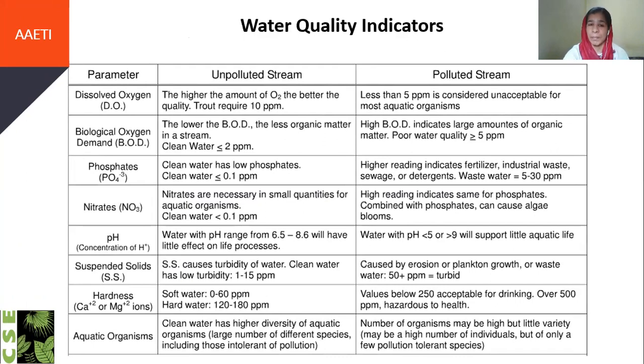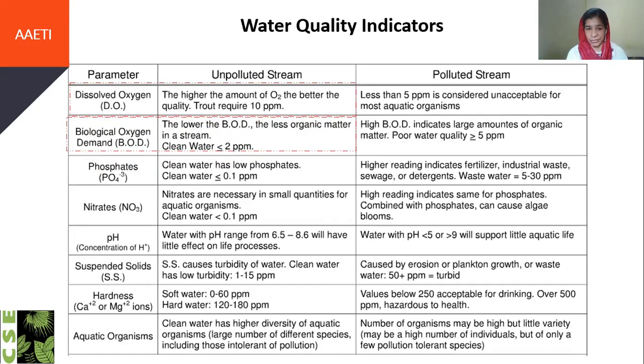The higher amount of oxygen present in the water body is an indicator of better quality of the water body, right? And the lower the biological oxygen demand, the BOD, the lower will be the organic matter in the stream.